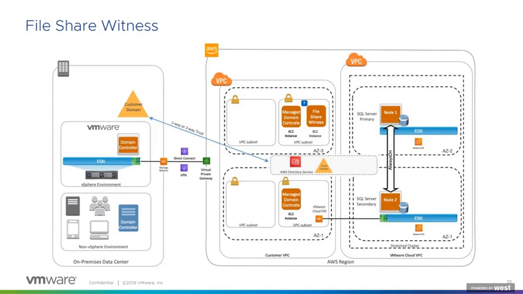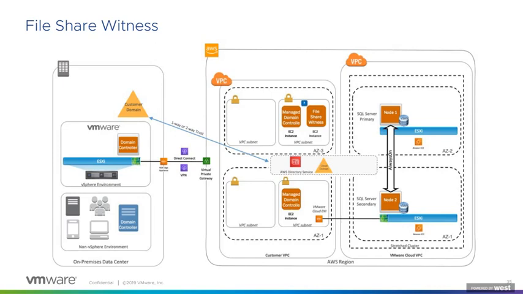Okay, now the next piece is, how do you know when to fail over? When there's a failure on node 1 or on node 2, the primary or the secondary, how do you detect that failure? The way you detect that failure is by setting up a third instance that's running either SQL Server or a file share witness.